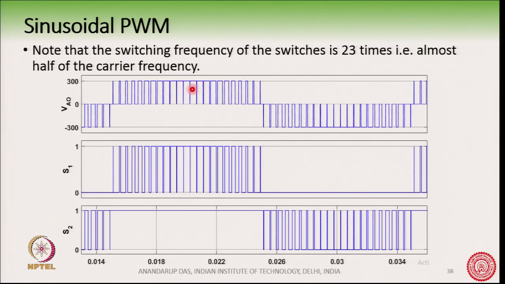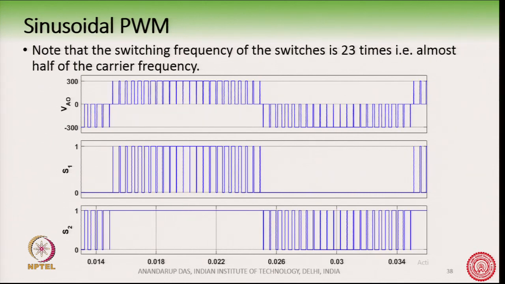In order to produce the plus level, both S1 and S2 should be turned on at the same time, whereas for the 0 level S1 should be turned off and S2 should be turned on. So, we see that different patterns of switching exist in switches S1 and S2, and this will create different switching and conduction losses in these devices.